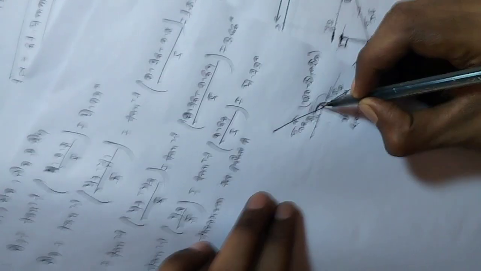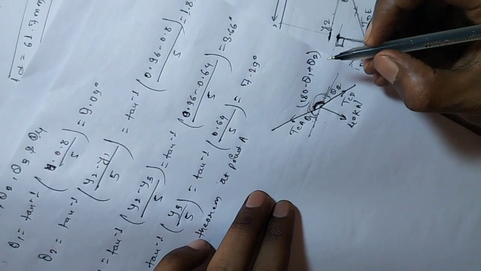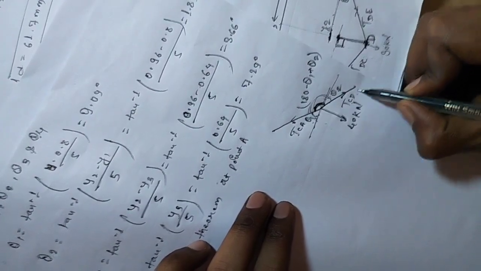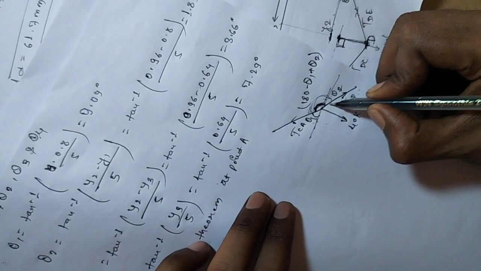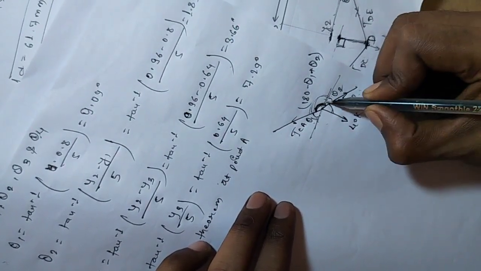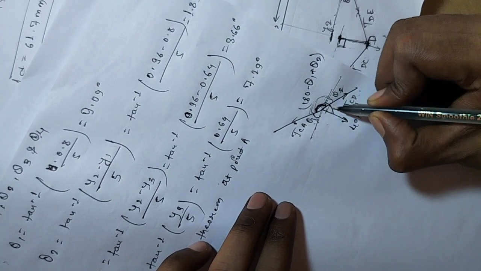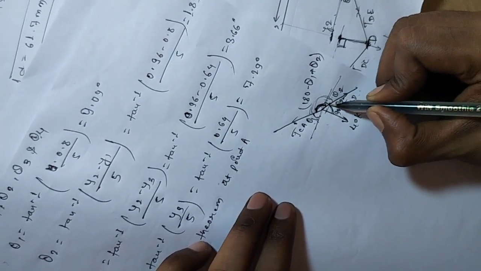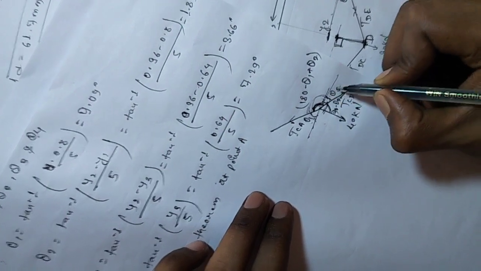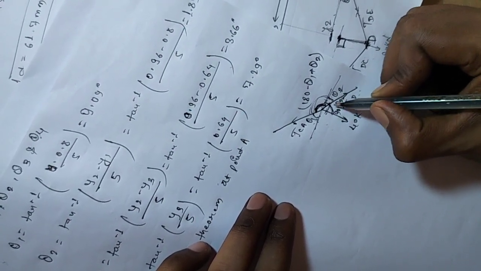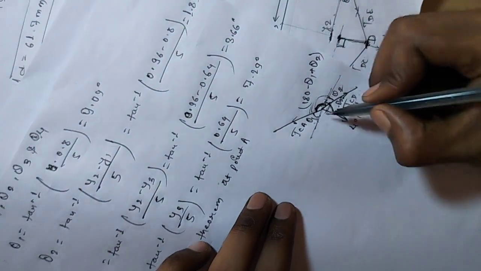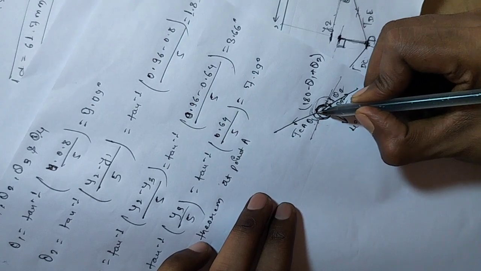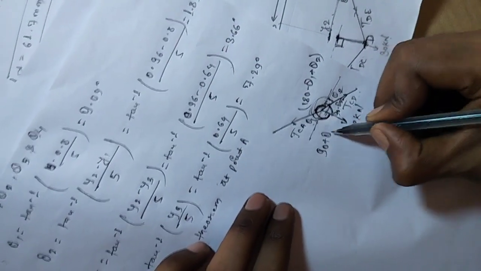This will be the angle between TCA and TCD. Now the total is 90 degree, so this angle will be 90 minus theta 2. Here we can say this is theta 2, and the angle we needed between this and this will be 90 minus theta 2. Also the total angle between this will be 90 plus theta 1.